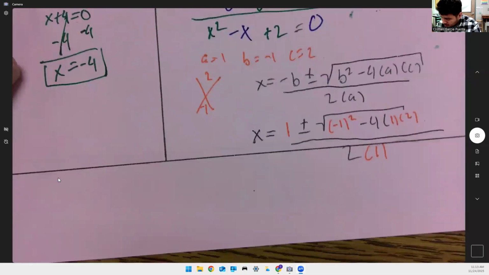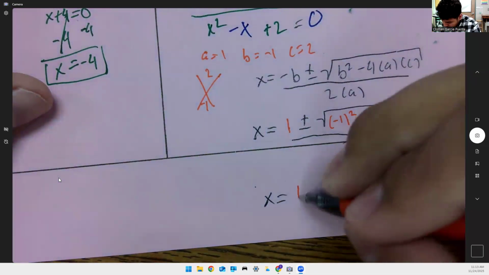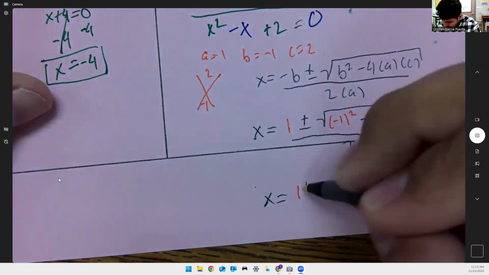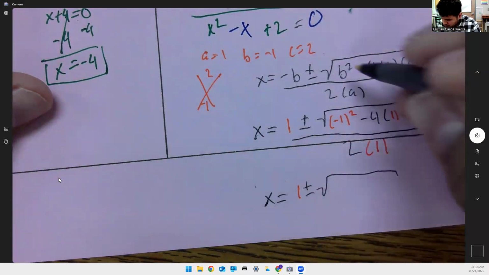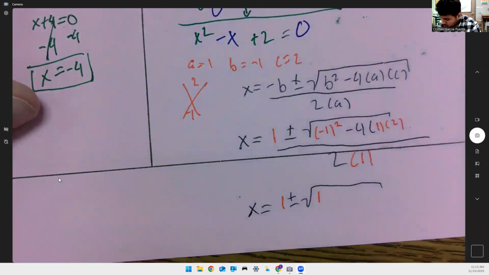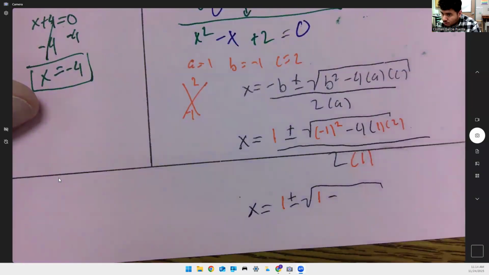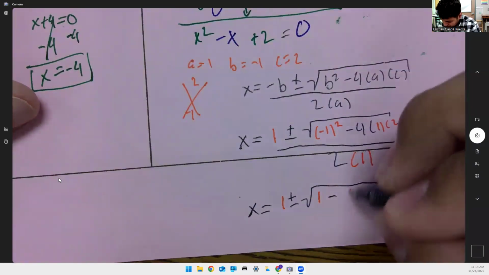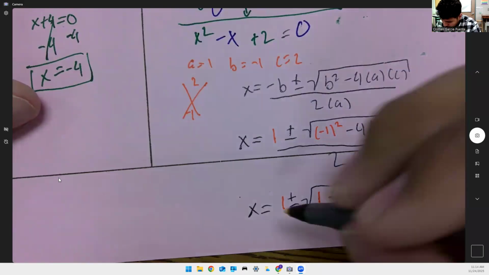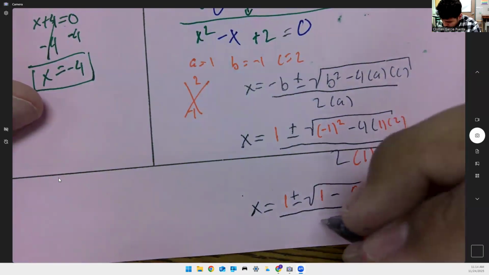And now again, we're just going to solve. So x equals 1 plus or minus the square root of what's 1 squared? That's just going to be 1 minus what's 4 times 1 times 2? That's just 8, all over 2 times 1, which is just 2.